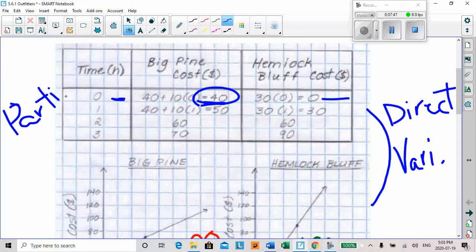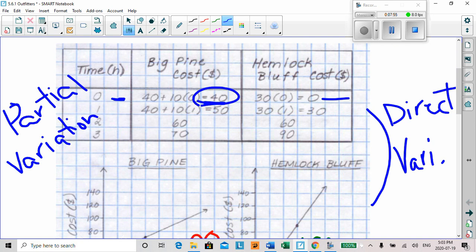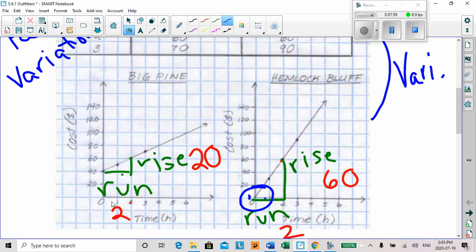This is a partial variation. On the graph, you can see that a partial variation doesn't start at 0, 0.